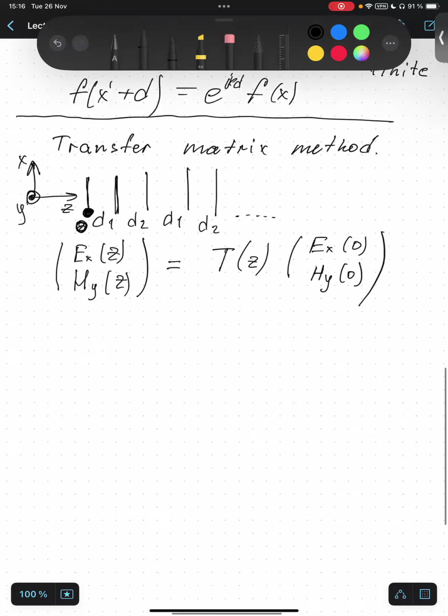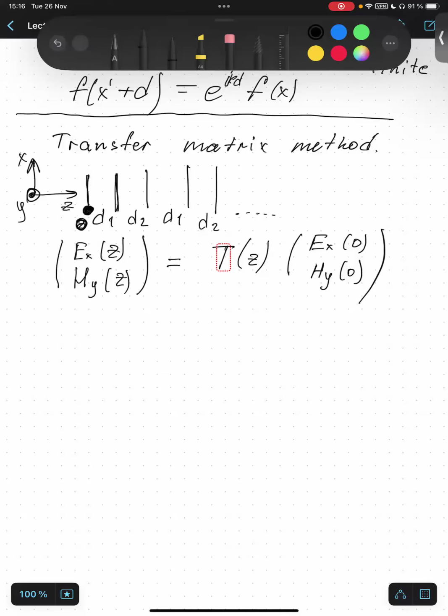It basically means that some matrix helps us find the fields at some coordinate z through the fields at the beginning of the coordinates.